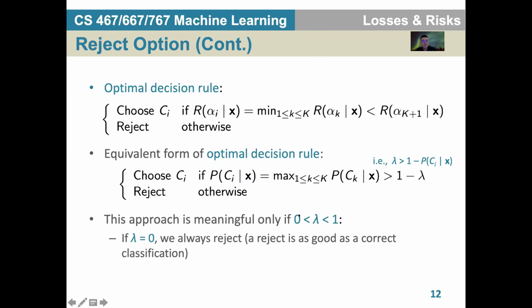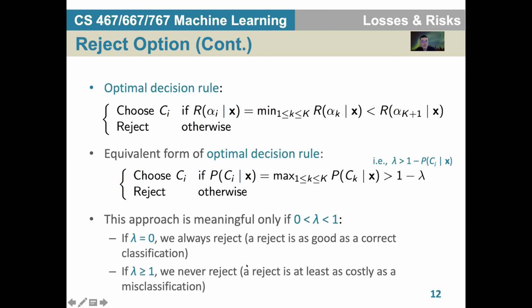And maybe when you reject, it will be given to another expert. Okay. So if lambda is equal to 0, we will always reject, right? Because if I reject, there's no penalty. It's like you make no mistake, but I will always reject. Okay. If lambda is larger than 1, I will never reject, because even if I give a random guess, the penalty is at most 1. But now if I reject, I'm penalized more than 1.